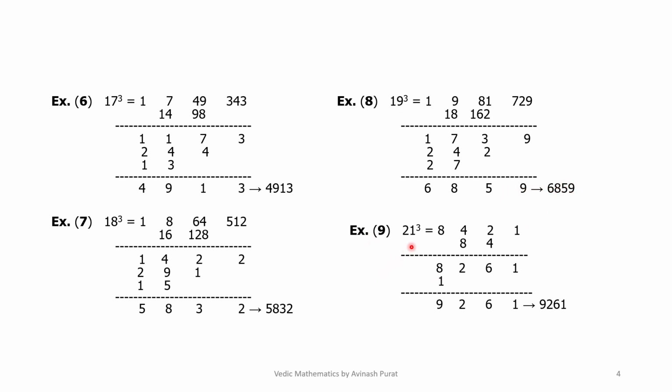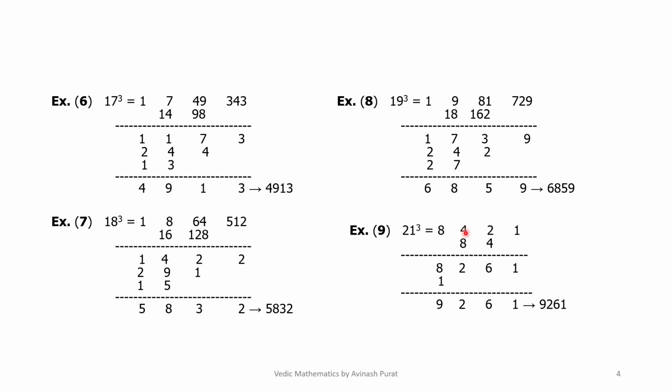Ninth example, 21 cube. Now 2 cube is 8 and ratio is 1 to 2. So 8, half of that is 4, half of that is 2 and half of that is 1.